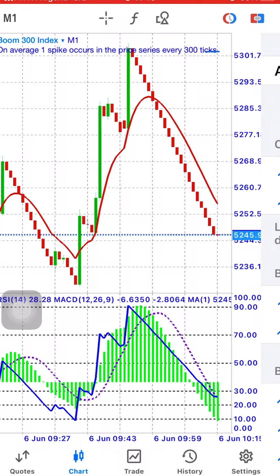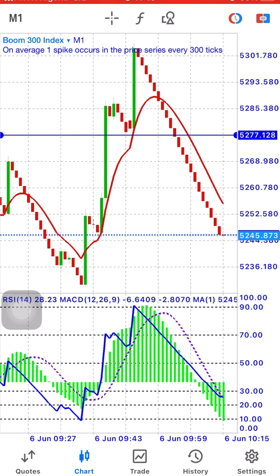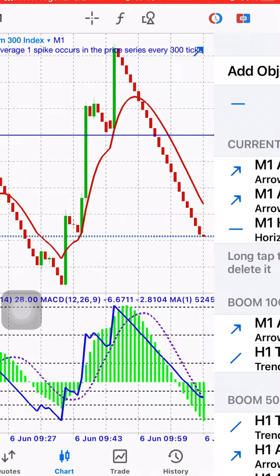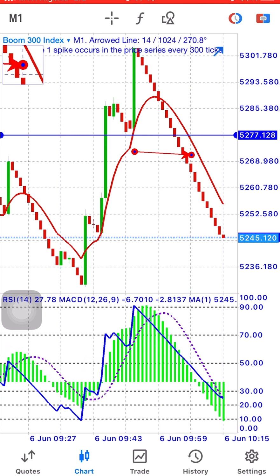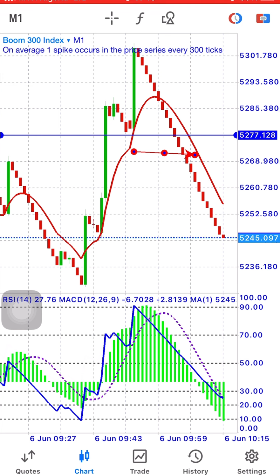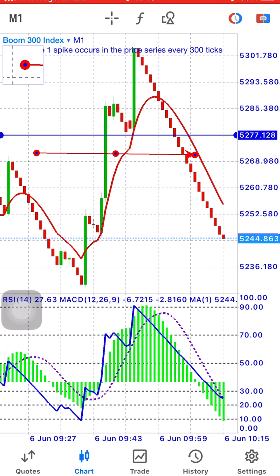So your trend line should have been somewhere here. This was where this area is actually the breakout.